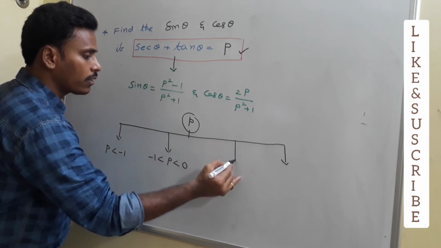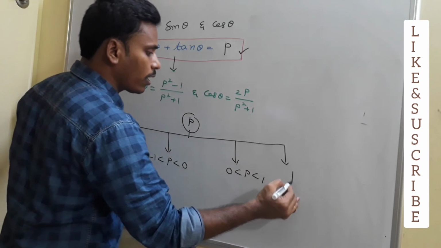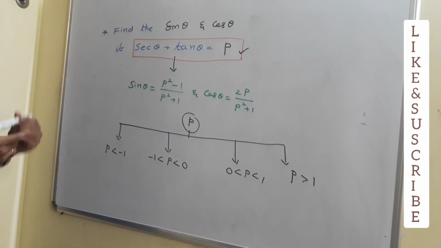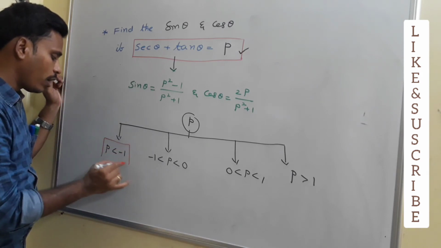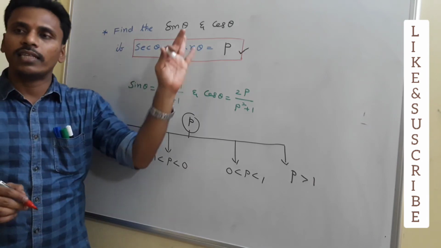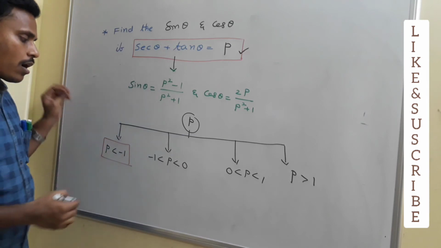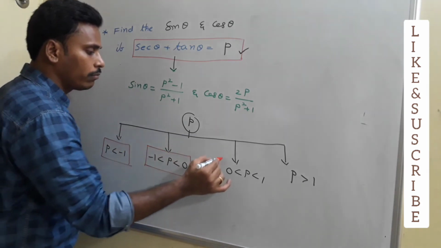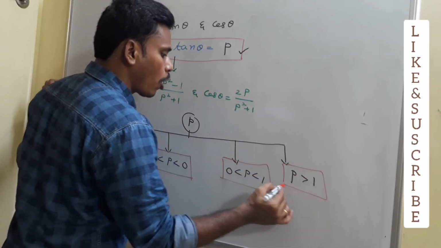In the third case, the value of p is between 0 and 1. In the fourth case, the value of p is greater than 1. I don't know about p. P is any number. If secant theta plus tan theta is any number, then I have sin theta and cos theta like that. And now after having sin theta and cos theta, I am thinking about p. If you just think about p, that p has 4 different options.